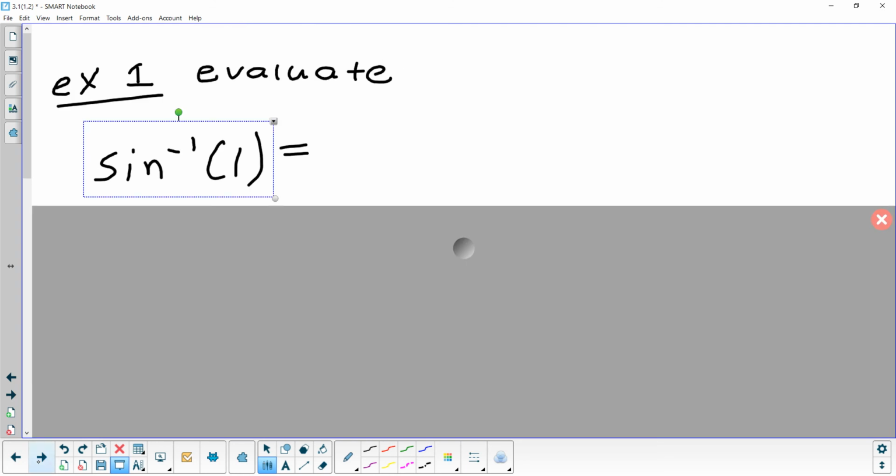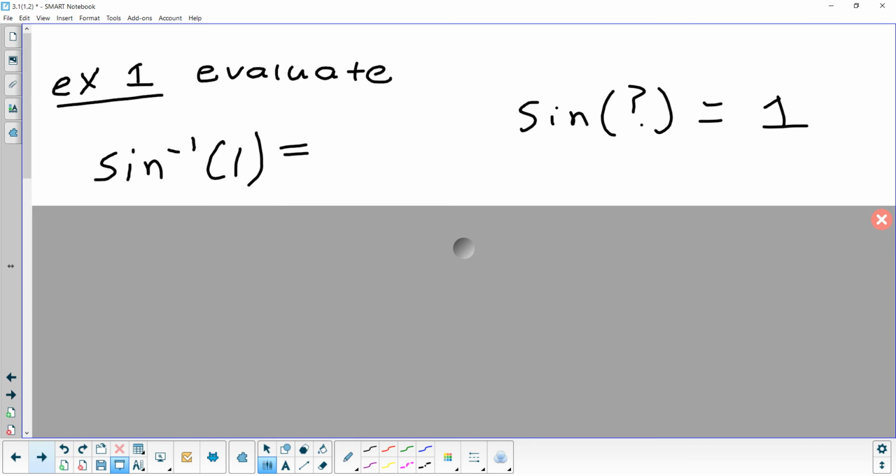So let's find the inverse sine of 1. What this question is really asking you is this. Tell me what angle could I take the sine of and get 1 as the answer? That's what this question is asking.